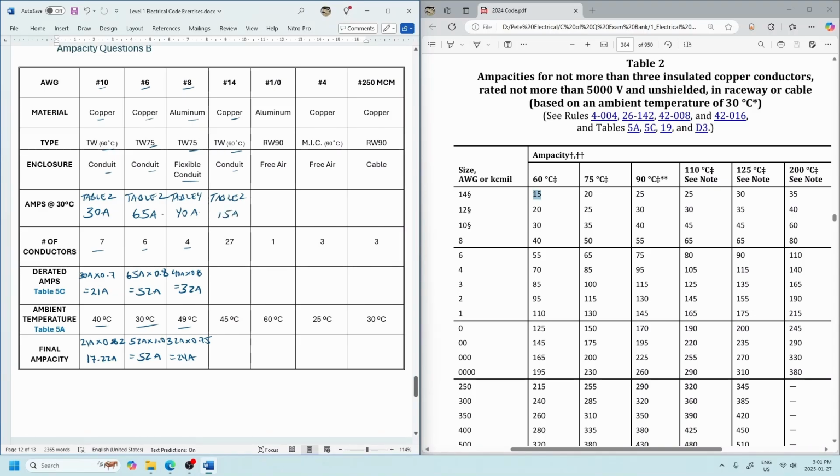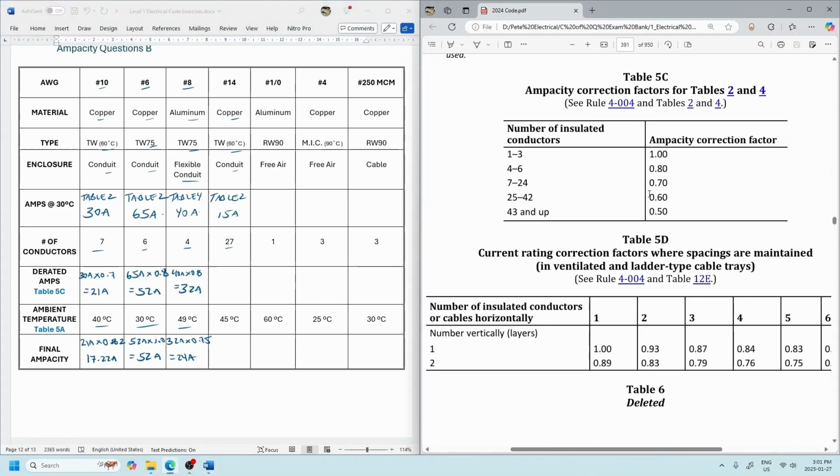There is a disgusting number of conductors in there. We got 27 conductors in there, so we got to go to table 5C, and that would be 60% of the ampacity that we found earlier. So we've got 15 amps, and multiply that by 60%, and 60% of 15 amps gives me 9 amps.